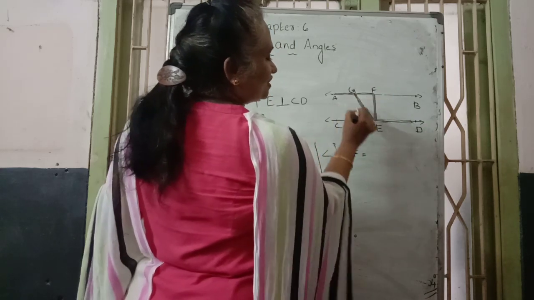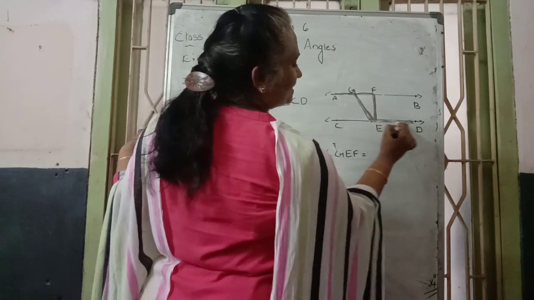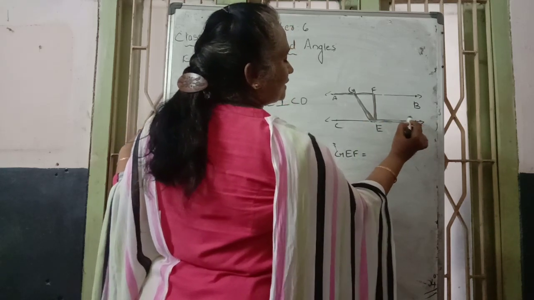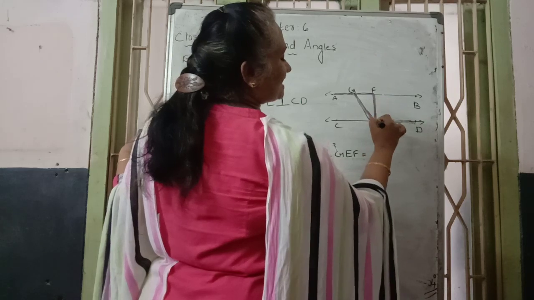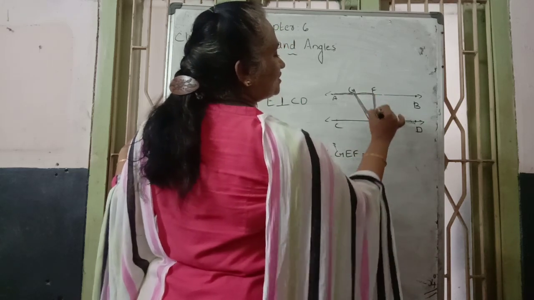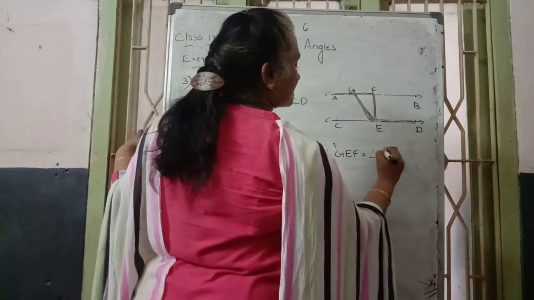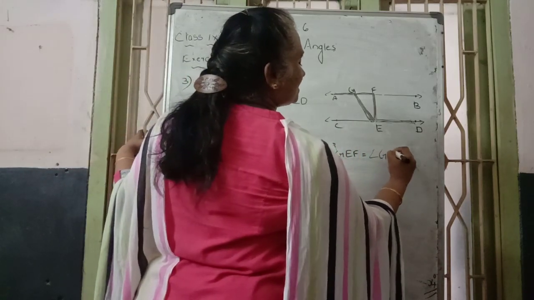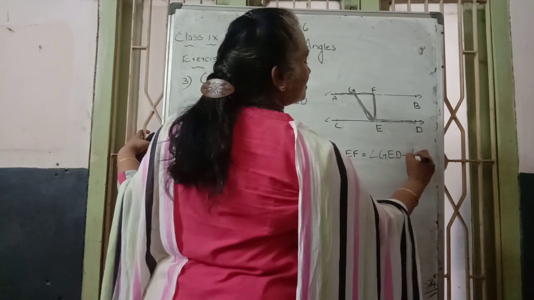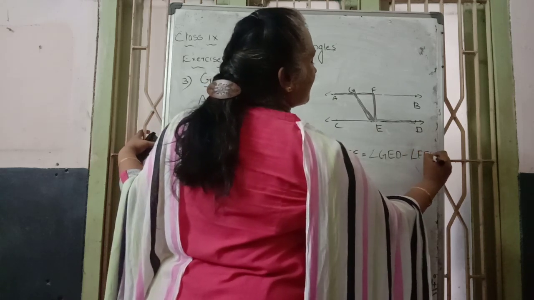GED, and this three-alphabet angle is removed, subtracted from it, and we get the GEF angle. So GEF angle is equal to GED angle minus FED angle.